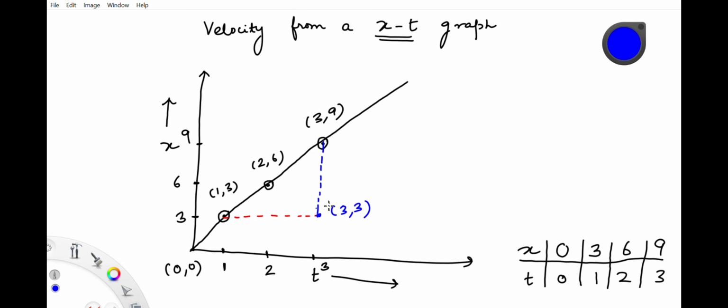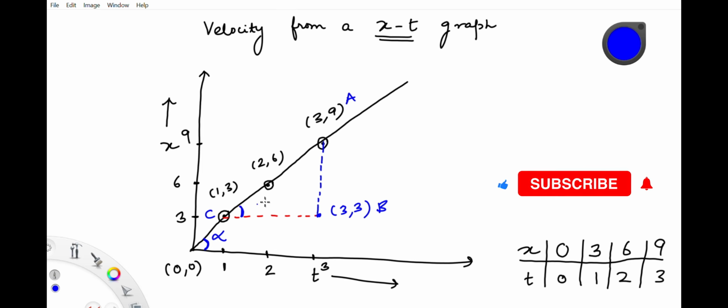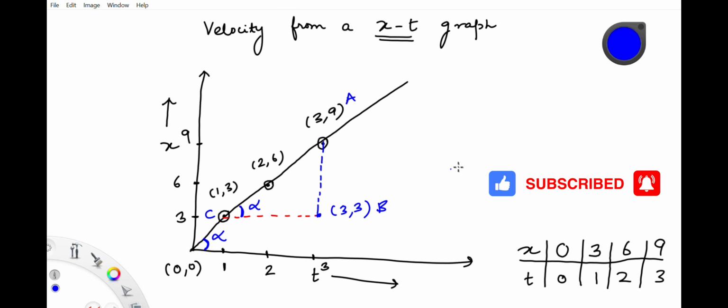So, we've marked 3 points over here. We have a triangle, and let's label the triangle as A, B, and C. Now, the inclination, which is this angle over here, let's name the angle as alpha. Right? Now, this dotted line is parallel to the x axis. So this angle will also become alpha because this is a corresponding angle.